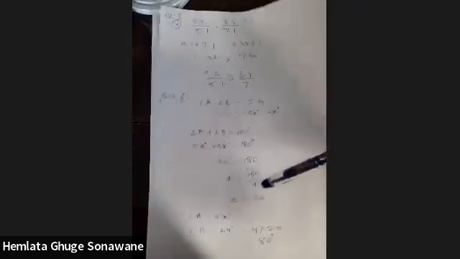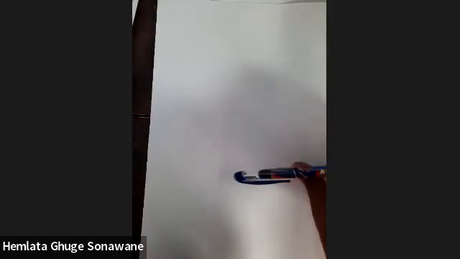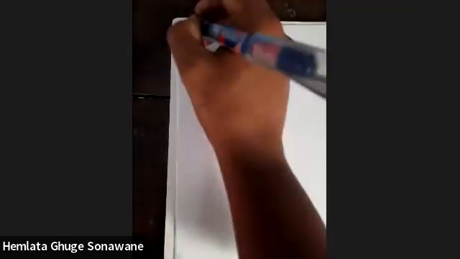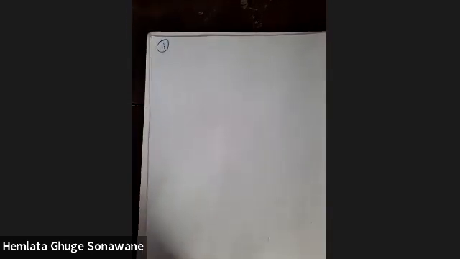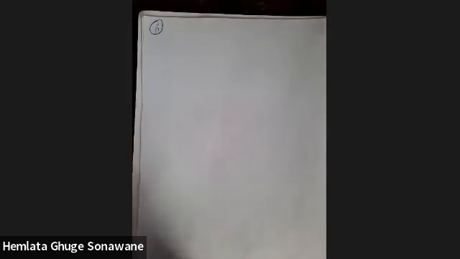We'll take the second example of question number 4. The ratio of present ages of Albert and Salim is 5:9. Five years hence, the ratio of their ages will be 3:5. Find their present ages.